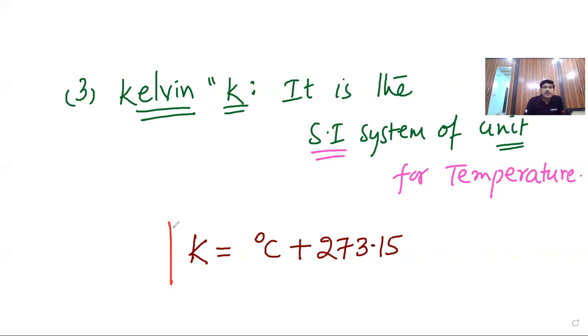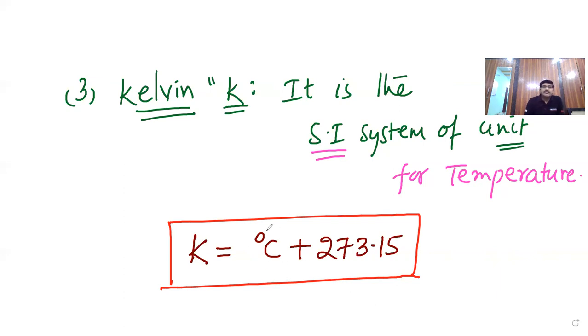This is the formula. If temperature is given in degree Celsius, add 273.15 to that, then automatically you will get it in Kelvin.